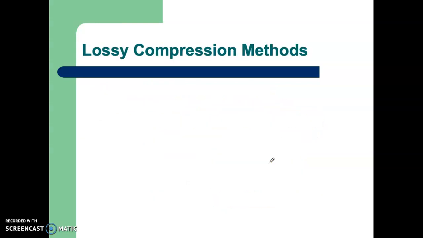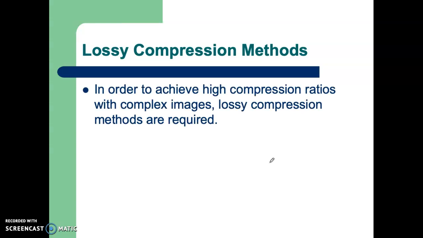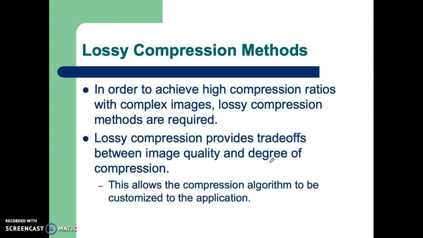Next is the second category of compression, which is lossy. In order to achieve a high compression ratio with complex images, lossy compression methods are required. Remember, with lossy you get a high compression ratio, but you tend to lose information.